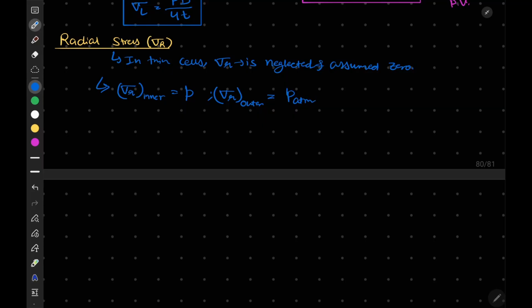So these are your actual values, but for all practical purposes it is assumed zero. Okay, so this is your relation between your hoop stress, longitudinal stress and radial stress.